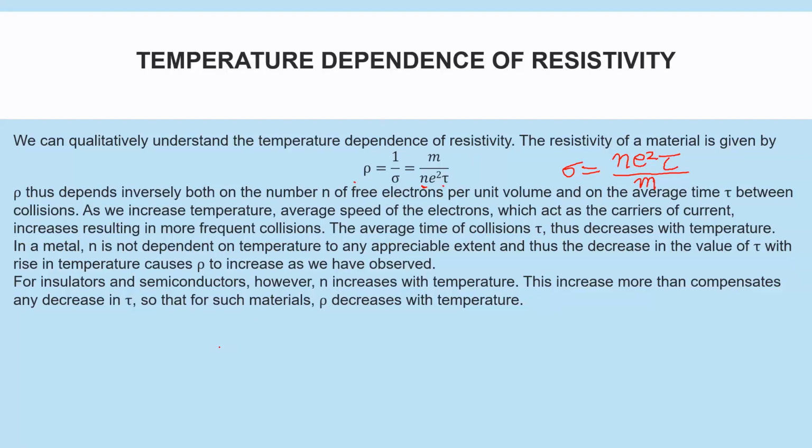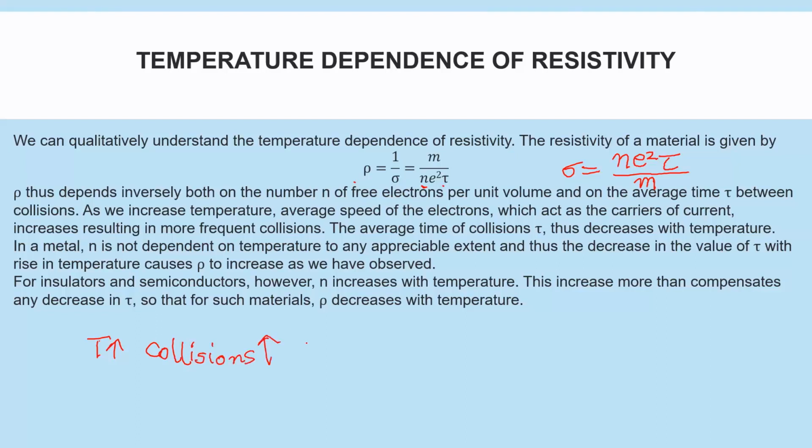Okay, so I'll just write a simple kind of a thing. If we increase the temperature, the speed of the electrons also increases. That means your number of collisions is going to increase.